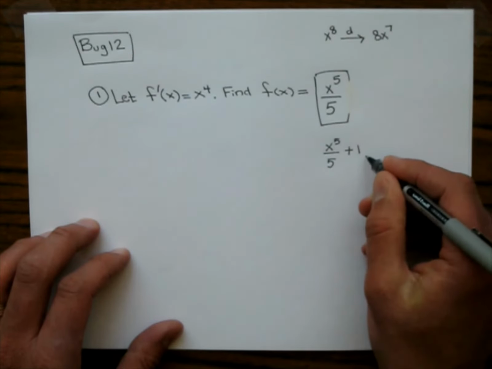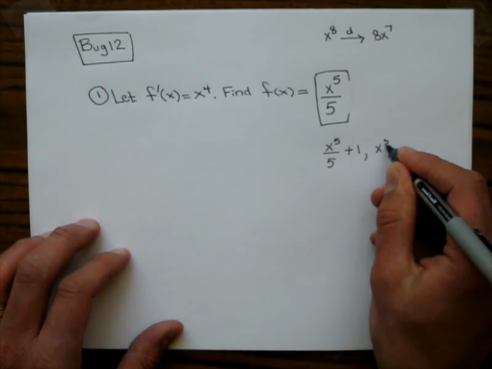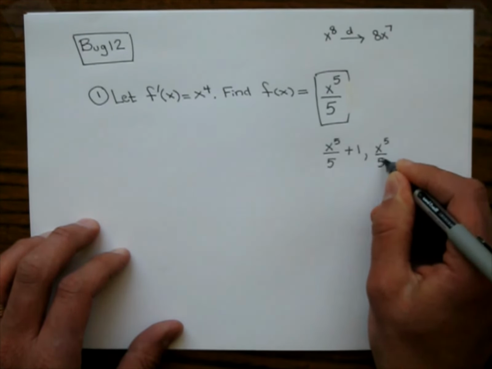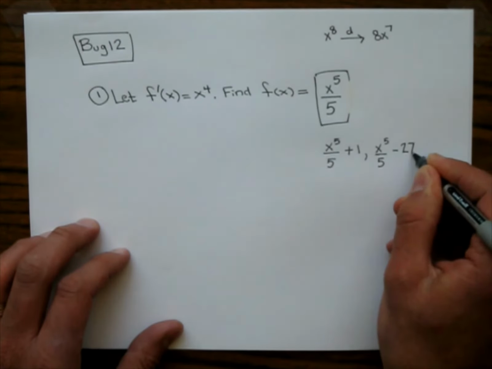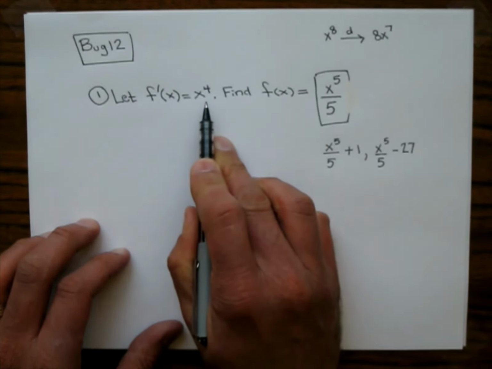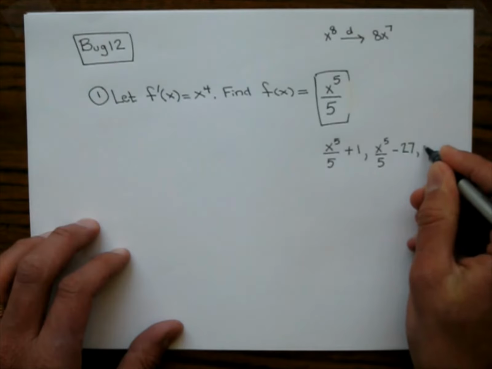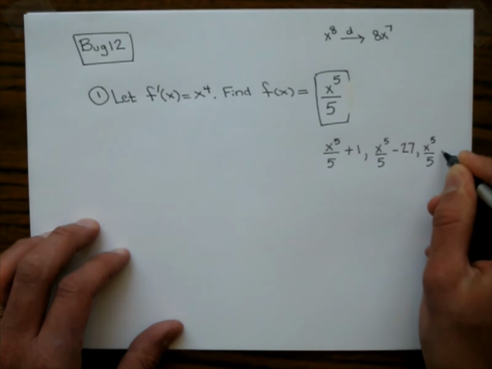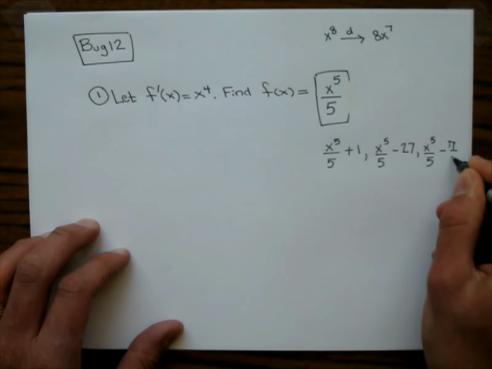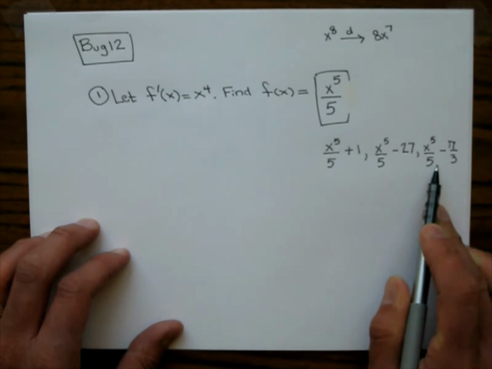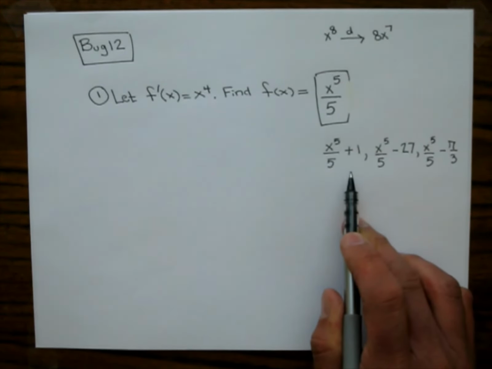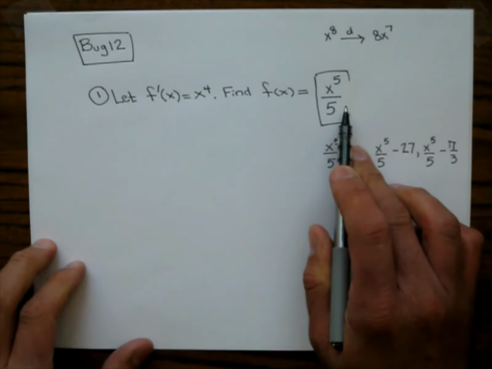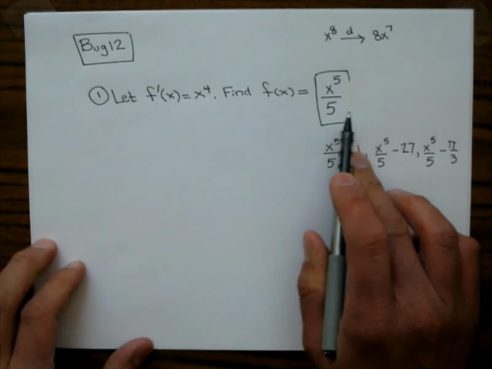And you take the derivative of x to the fifth over 5 minus 27, you get x to the fourth. And x to the fifth over 5 minus pi over 3. You have any constant that's added to this, it will still be a legitimate answer.